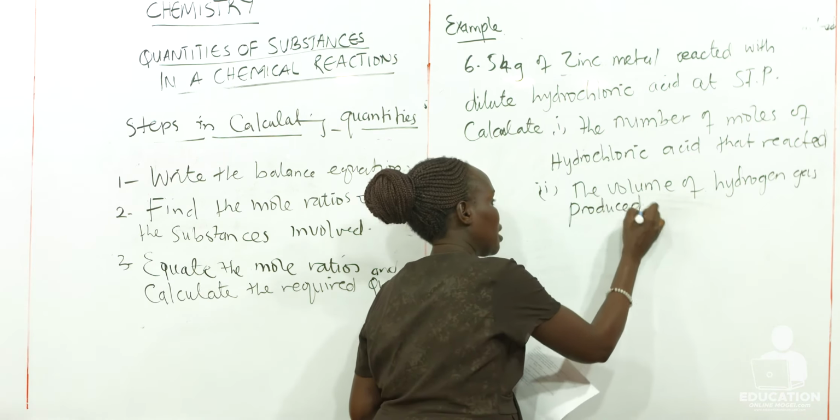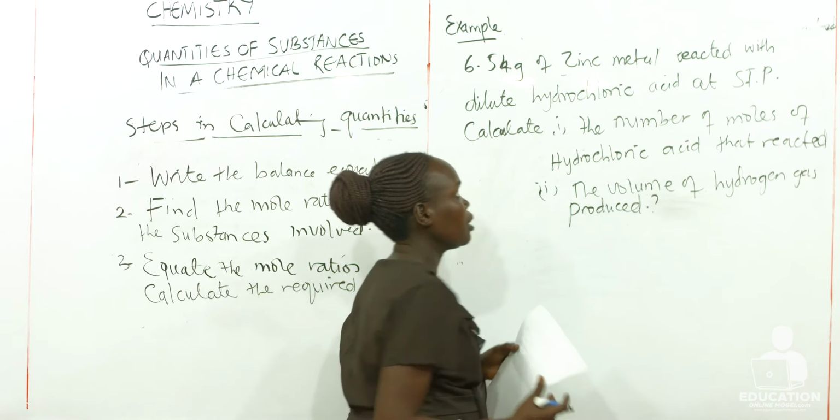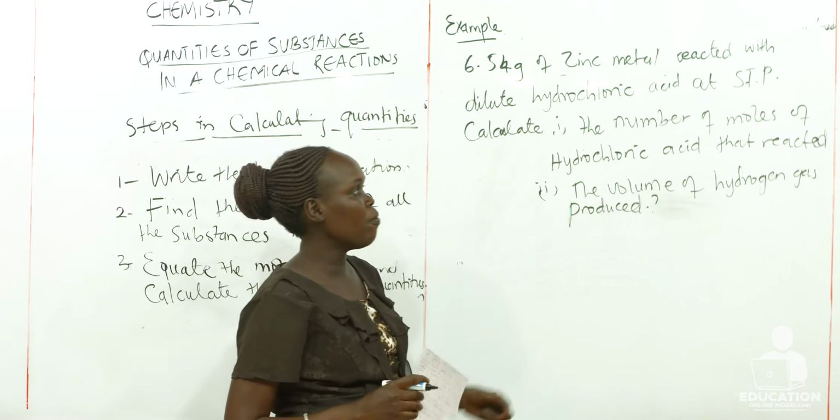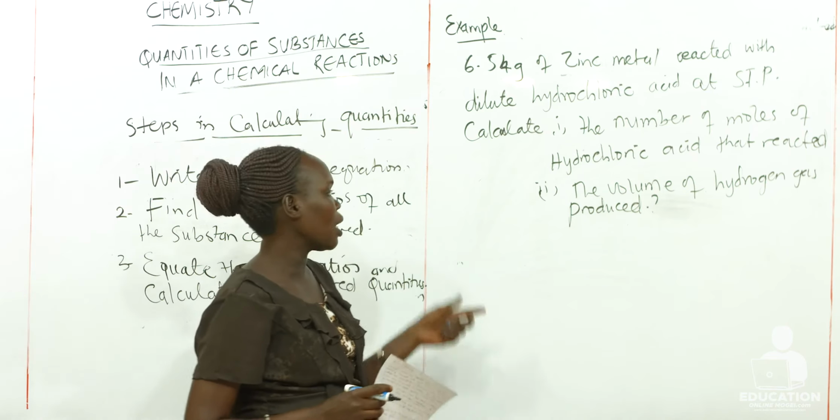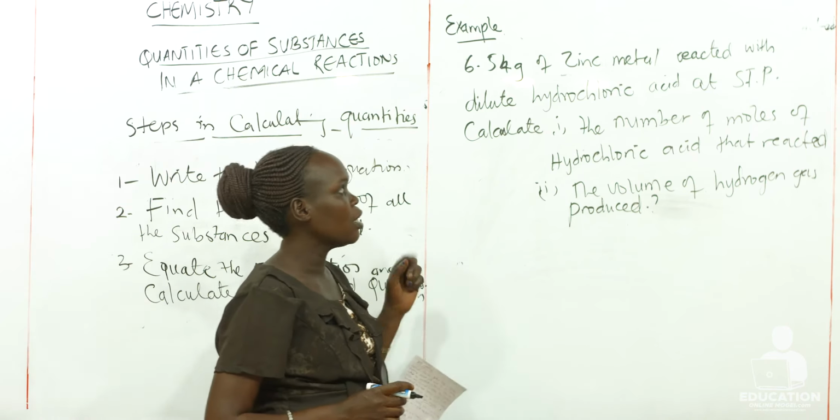So in this case, first of all, you are asked to get the number of moles of hydrochloric acid that reacted and the volume of hydrogen gas that is produced.